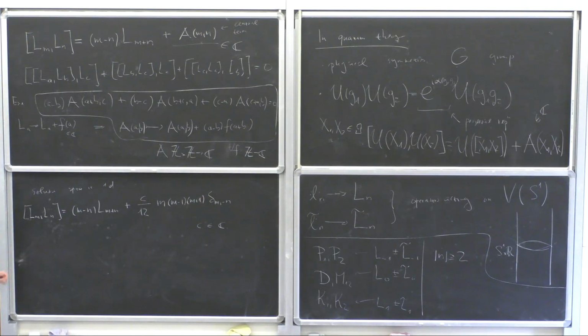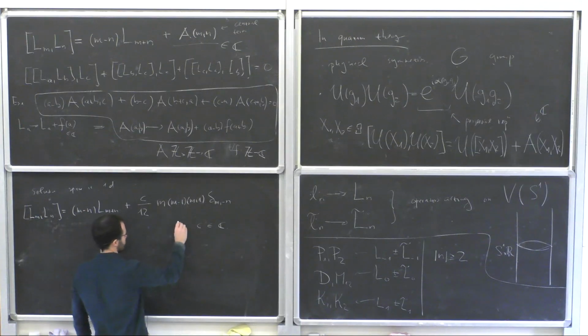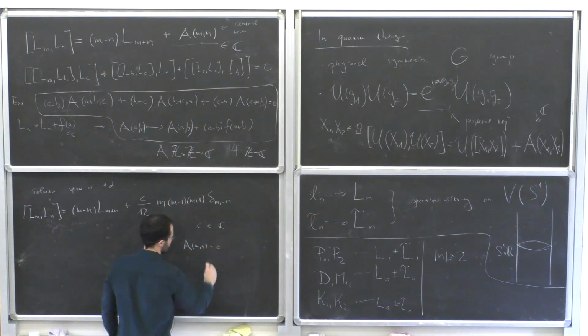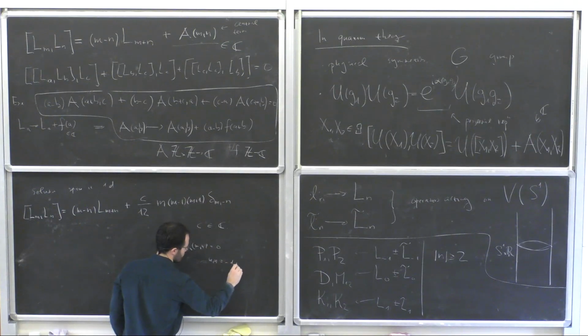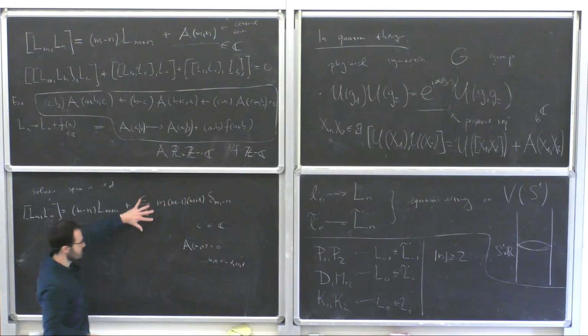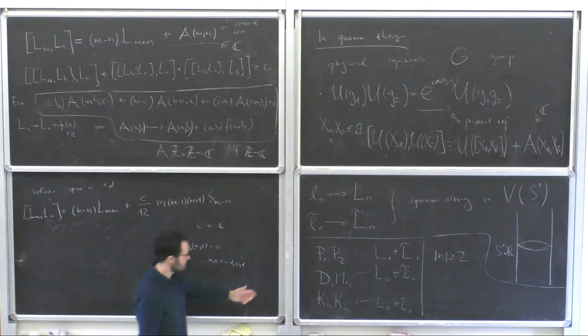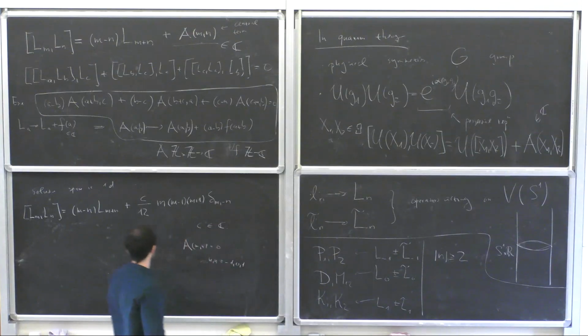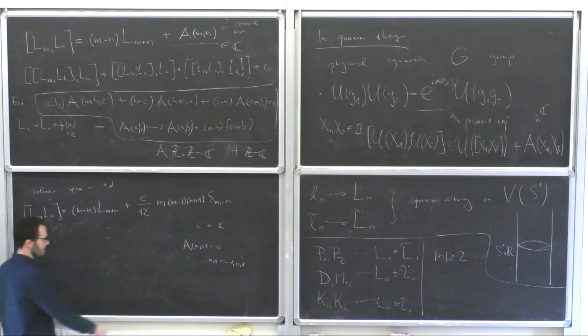Something that you can notice is that it disappears. This A_mn is 0 on the global part. As long as m and n are minus 1, 0, and plus 1, this term is not there, so we don't get anything new. We get an algebra which agrees with the global algebra of the P's, D's, and K's. But for m outside of this range, we get a genuinely deformed, centrally extended algebra.